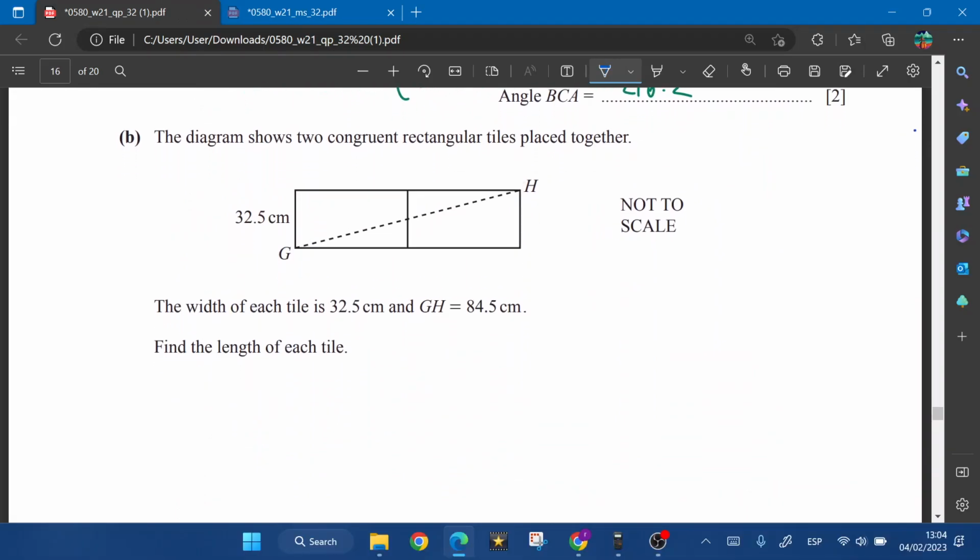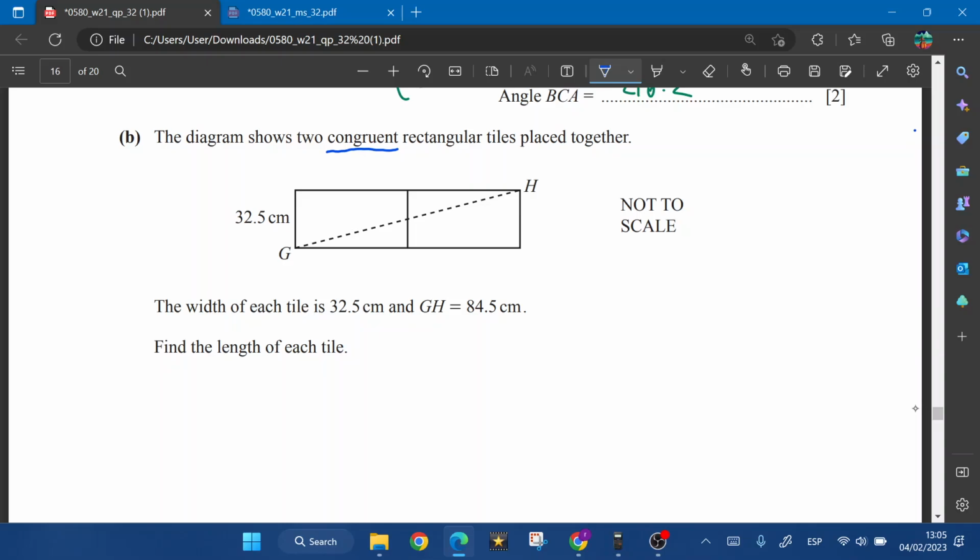Question 8b. The diagram shows two congruent tiles placed together. Congruent means exactly the same. It means this rectangle is exactly the same as this rectangle. The width of each tile is 32.5, so we can see that.